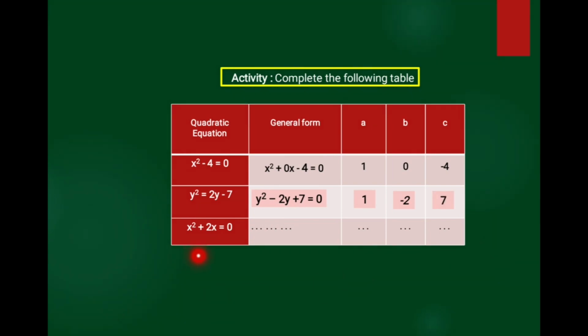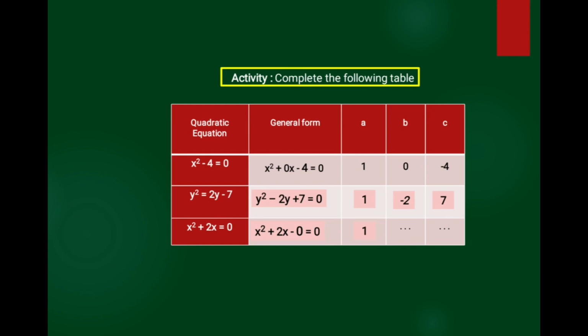Now see the third quadratic equation, which is x square plus 2x equals to 0. Now here the constant is absent, so we can add that constant. So we write this quadratic equation as x square plus 2x minus 0 or plus 0. So this is the general form of this given quadratic equation. Compare this equation with ax square plus bx plus c equals to 0.